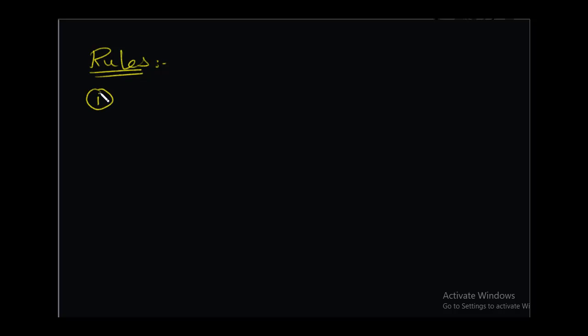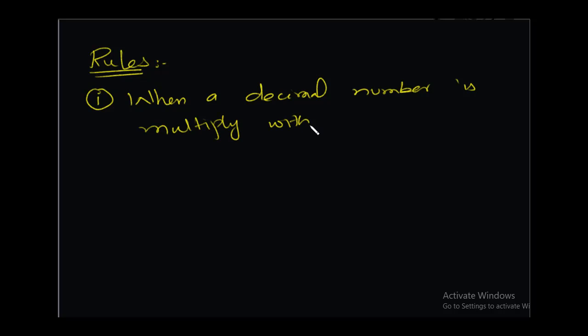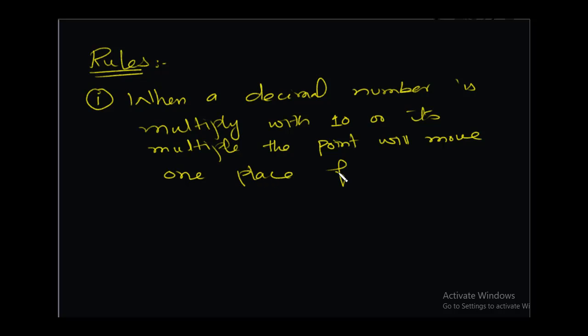So the first rule is, when a decimal number is multiplied with 10 or its multiple, the point will move one place from left to right in a number.